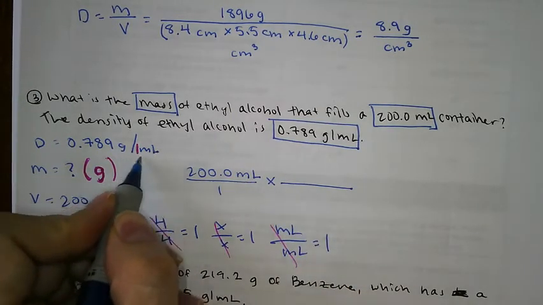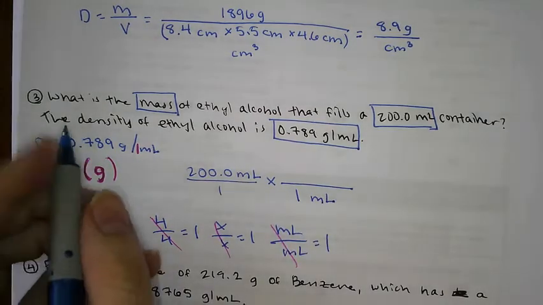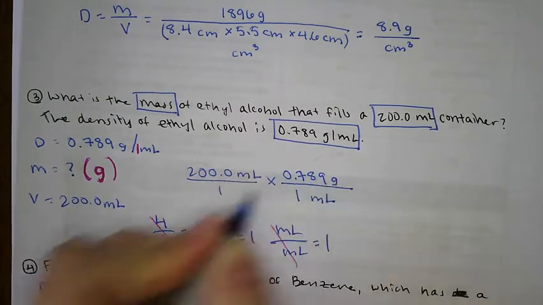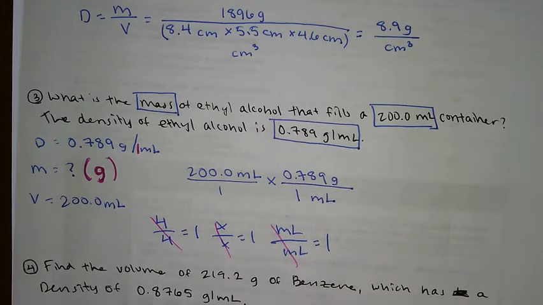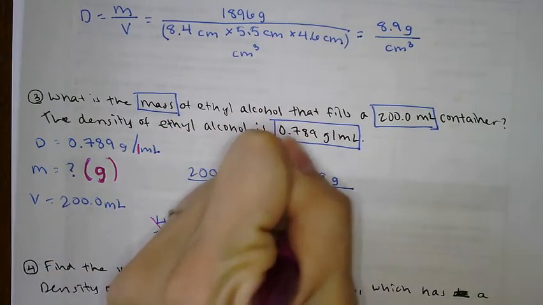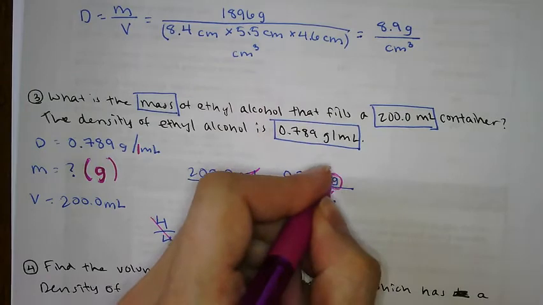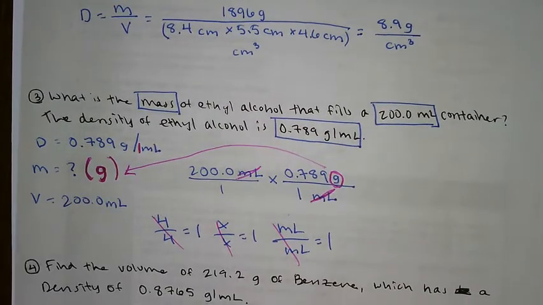So for every, according to my density, 1 milliliter of ethyl alcohol, that will have a mass of 0.789 grams. Okay, so I'm not paying attention to an equation. I'm not even plugging things into my calculator quite yet. I am just worried about, do my units cancel and do I end up with the thing that I want? Well, I set this up such that milliliters would cancel, and that does leave me with grams in the numerator, which is perfect because that is what I am looking for.